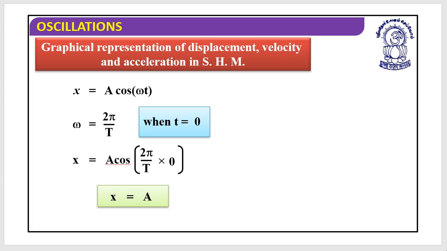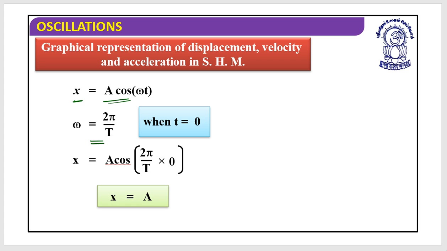Let's have a look. As we learned in the very first lecture, if my particle has started its motion from the mean position, I am going to write it as x equals a sin omega t. And if my particle has started its motion from the extreme position, I am going to write it as x equals a cos omega t.